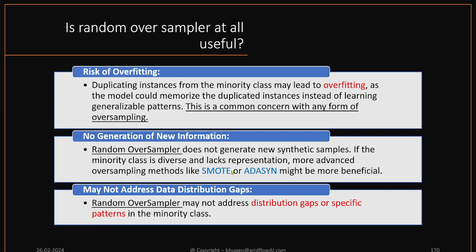These are also quite common and popular methods, and also very old methods. The random oversampler does not address the data distribution gaps, meaning it's simply duplicating and replicating the data in the minority class a number of times. So the data distribution problem still remains.